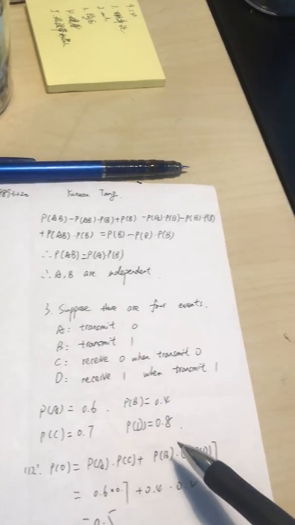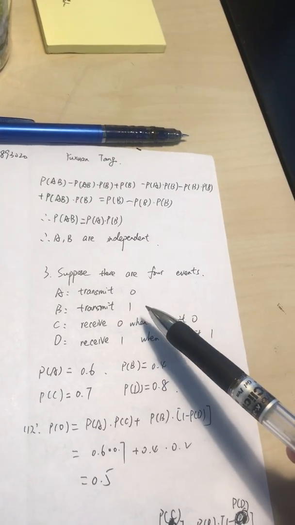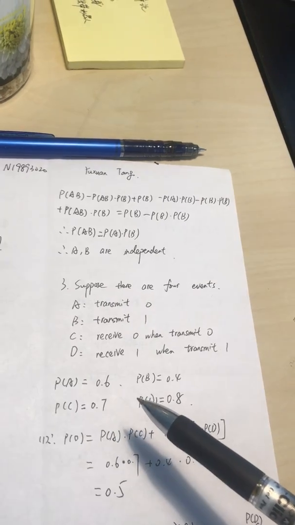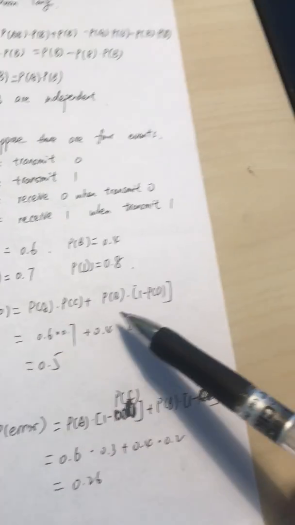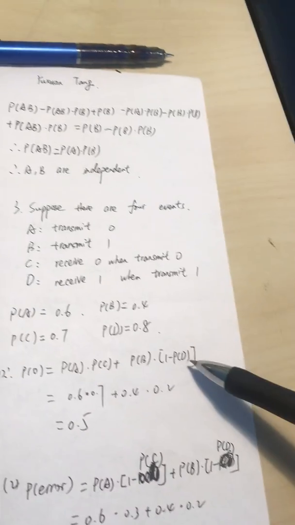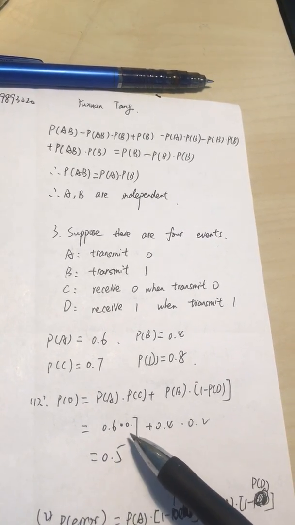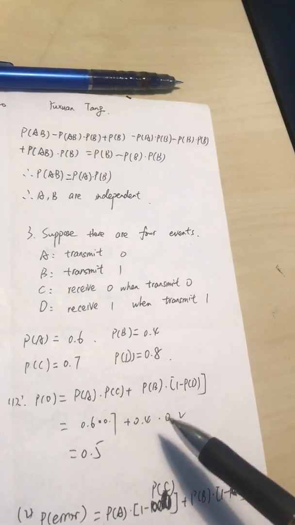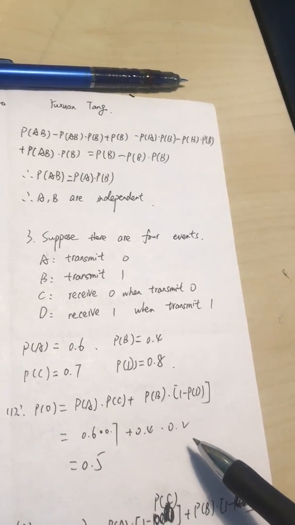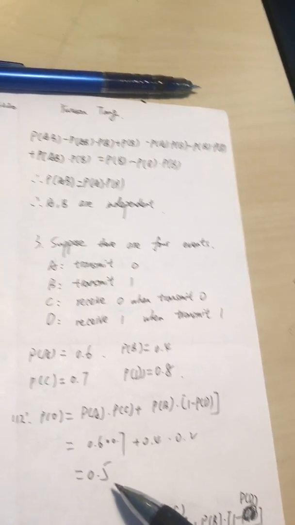And the second circumstance is the transmitter sends 1, but the receiver receives 0, so it's PB multiply with 1 minus PD. So it's 0.6 multiply 0.7 add 0.4 multiply with 0.2, and the answer is 0.5.